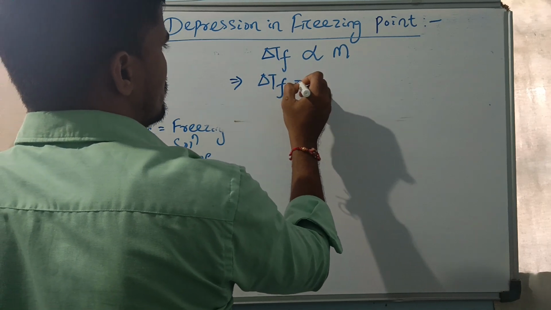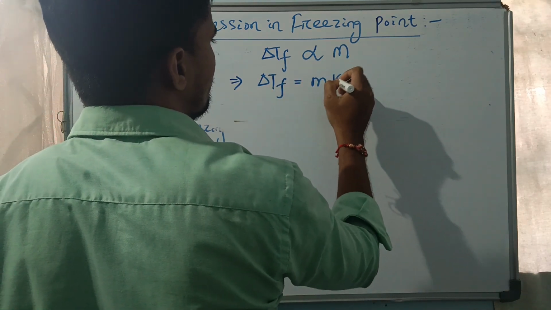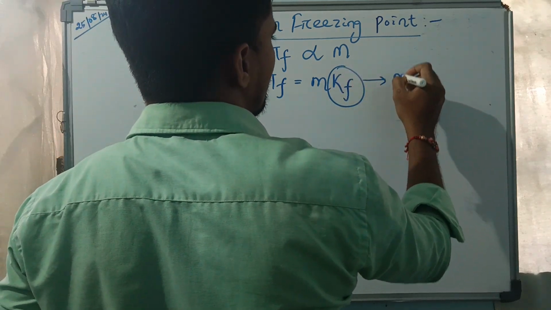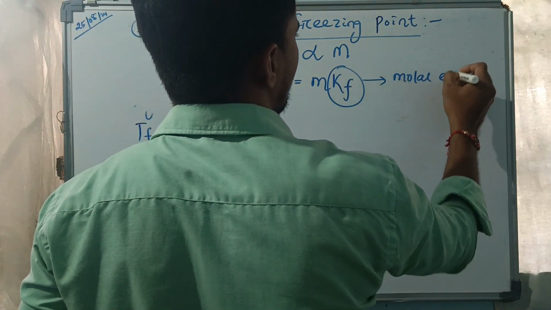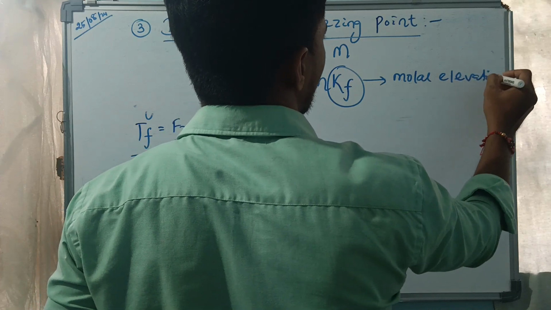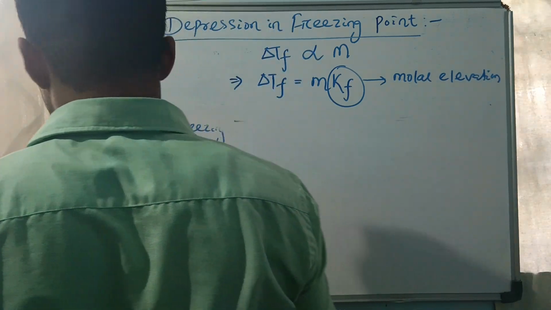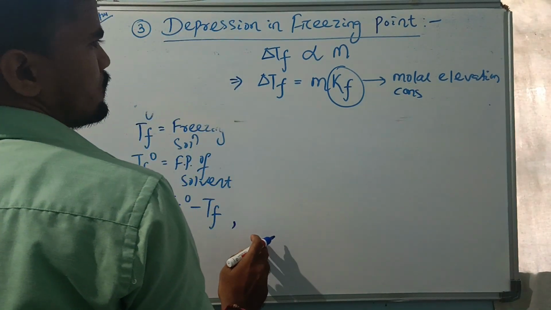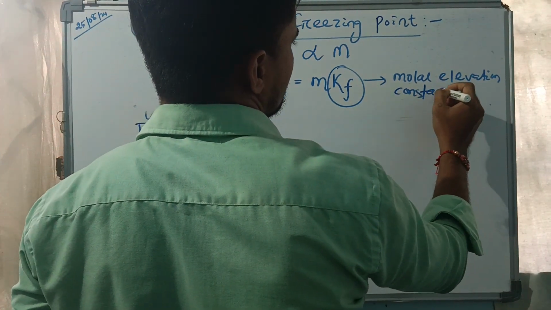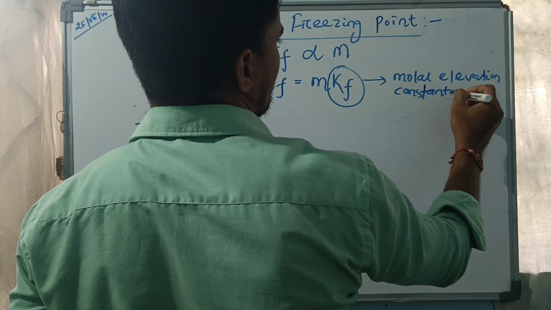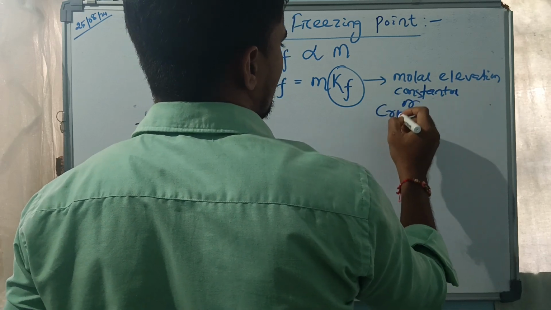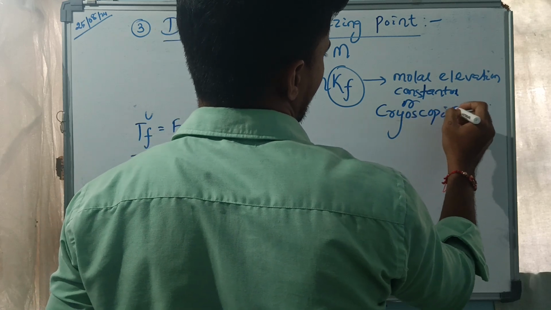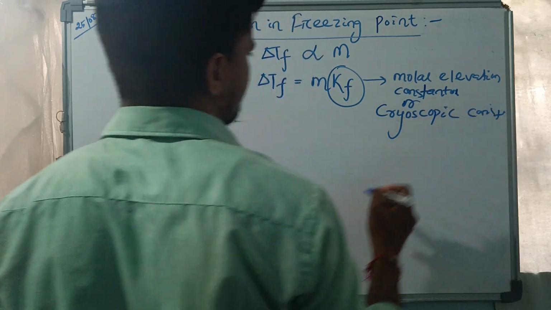Delta Tf is equal to Kf times m, where the proportionality constant Kf in this case is called the molal depression constant, or cryoscopic constant.